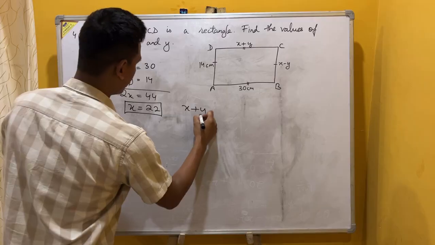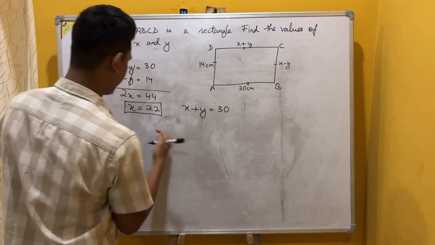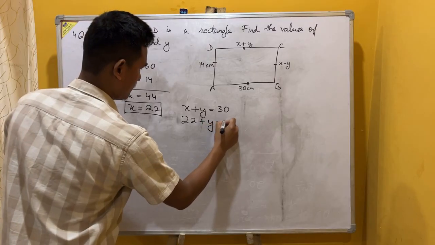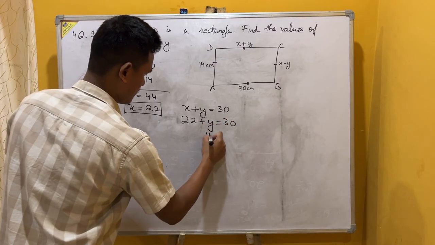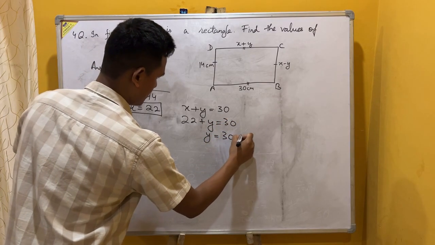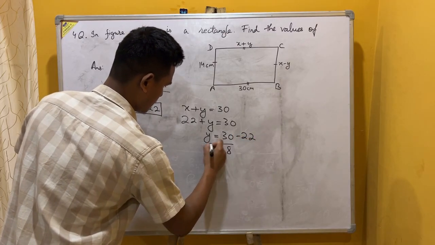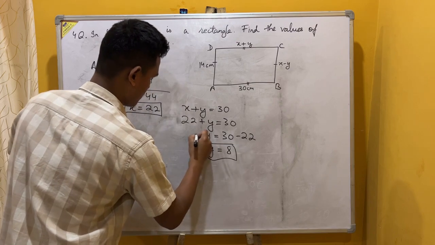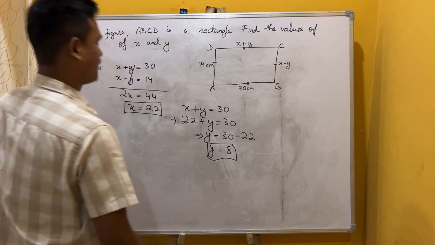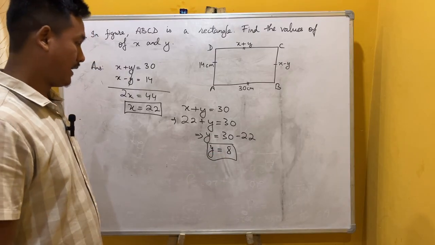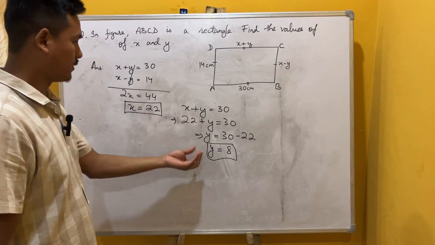Let's take this equation, x plus y equals 30. So we have y equals 8 and x equals 22.